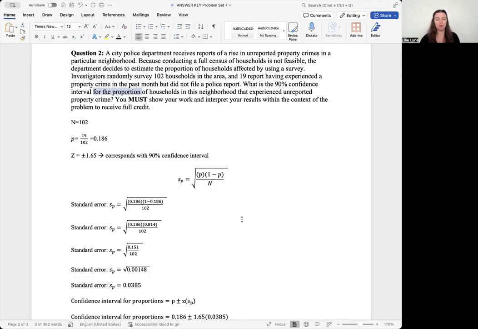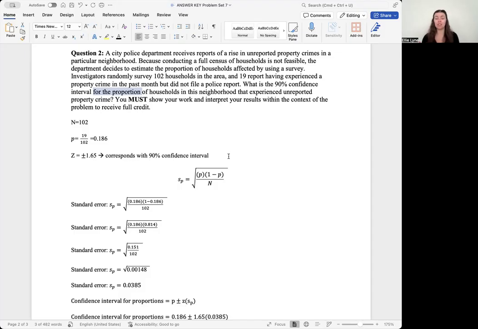We'll keep that in mind once we get to the later stages of actually calculating our confidence interval. You'll see here in step 1, where we need to calculate the standard error, that calculating the standard error for proportions looks different than for means. That's why it's important when you first read the question to determine whether you are working with means or proportions.